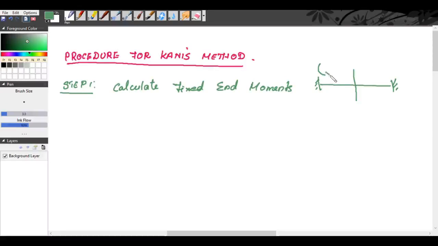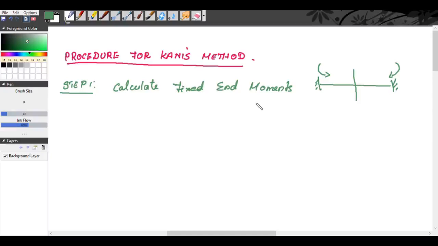So, left will be anti-clockwise and right will be clockwise. Now, depending upon the external loadings, we can calculate the fixed end moments. Okay. So, we calculate the fixed end moments, and in Kani's method, you have to enter these fixed end moments outside the outer square or circle.